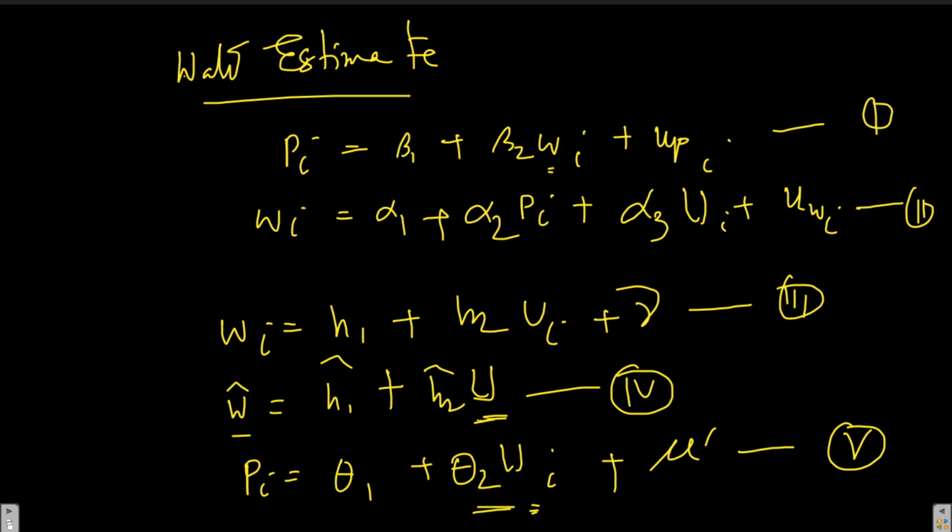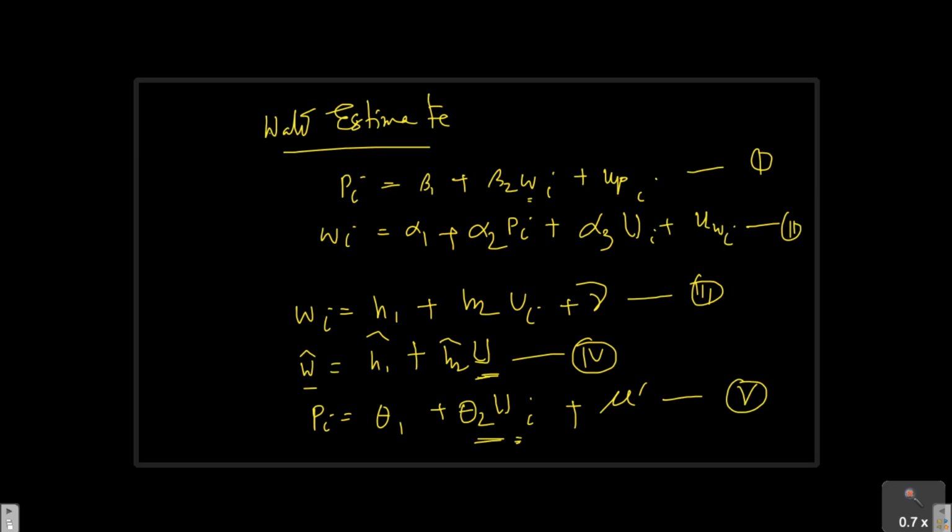Now what do my H2 hat and my theta 2 really represent? Here I'm actually estimating my Pi, so I get P hat. If I estimate P hat, it is going to be theta 1 hat plus theta 2 hat into U, right?